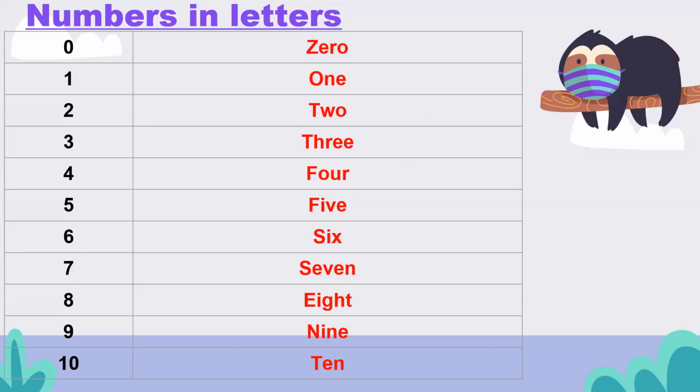Very good, Yasmin and Omar. And Iyad, yes, very good. Who can write number 4? FOUR. Number 5, FIVE. Number 6, SIX.